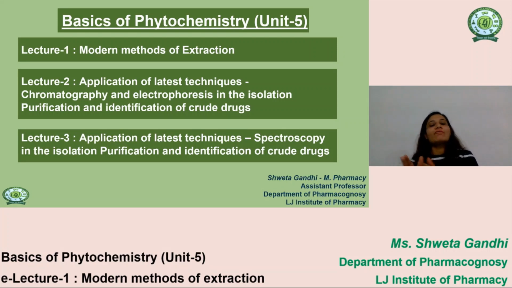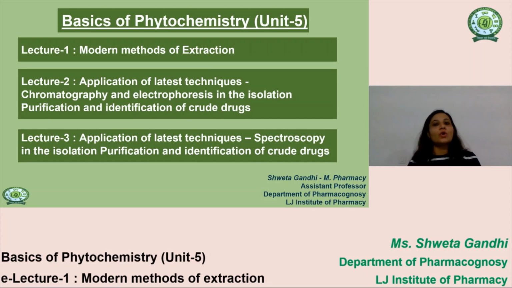The basics of phytochemistry unit contains basically 3 topics. The first one is the modern methods of extraction, application of the latest technique of chromatography or electrophoresis in the isolation, purification and identification of crude drugs.